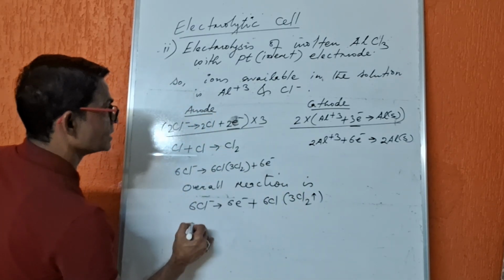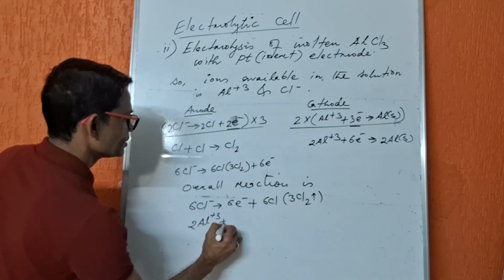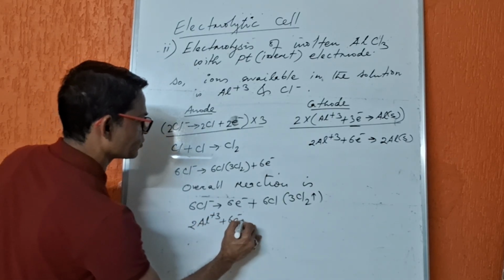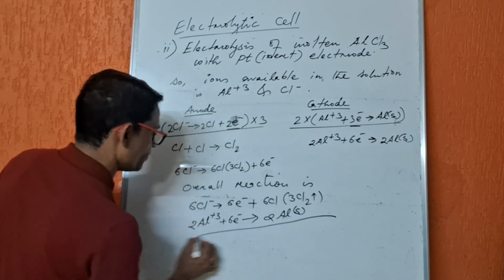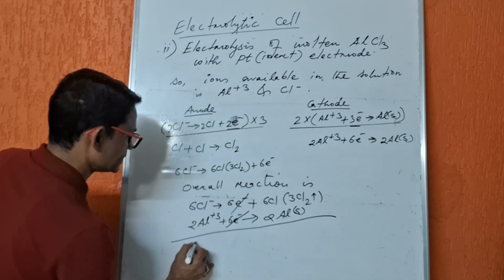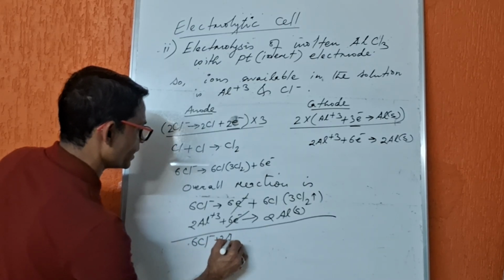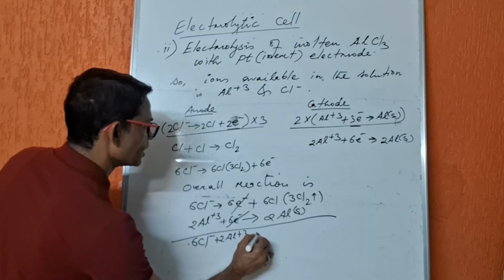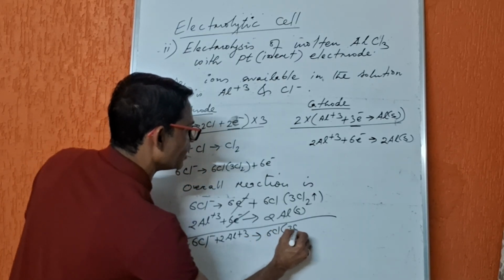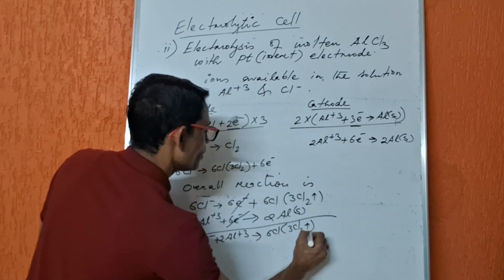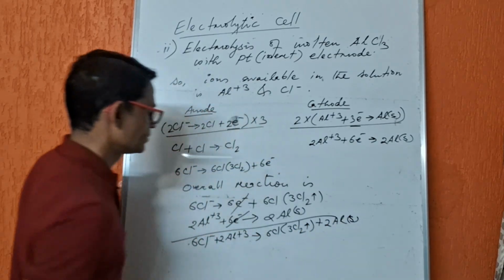At the cathode, 2Al plus 3 accepts 6 electrons and produces 2Al in solid form. So 6Cl minus and 2Al plus 3 give 3Cl2 and 2Al solid.